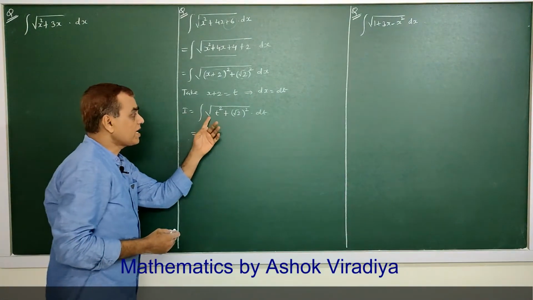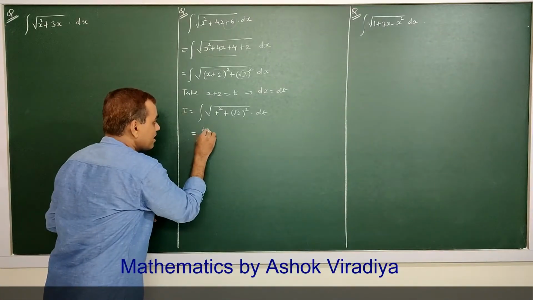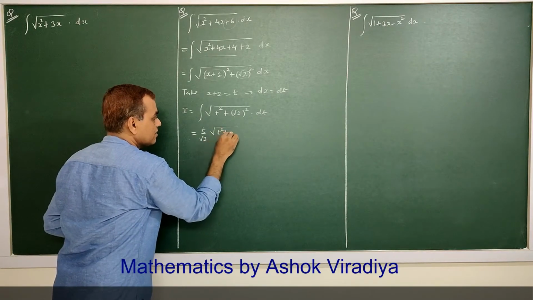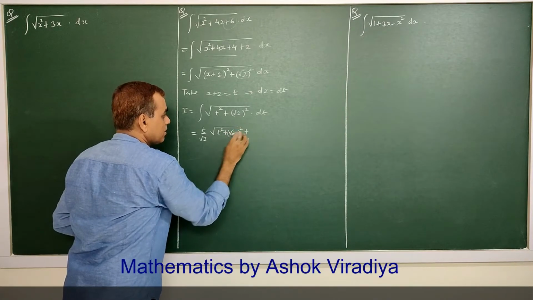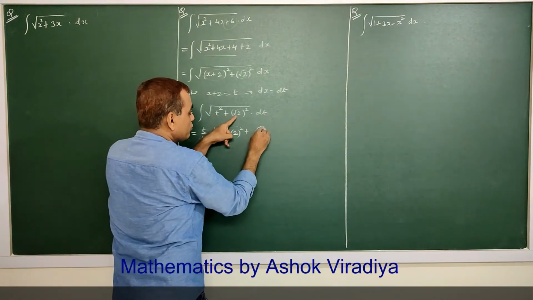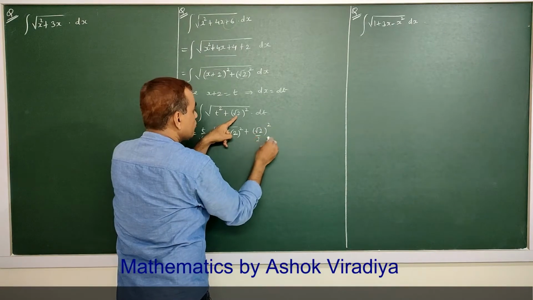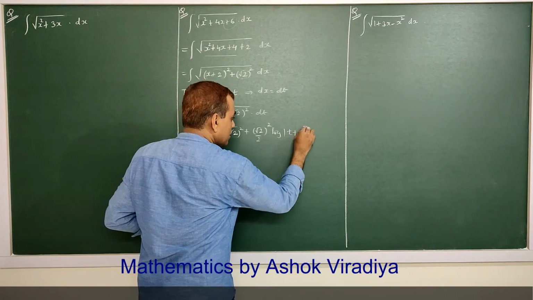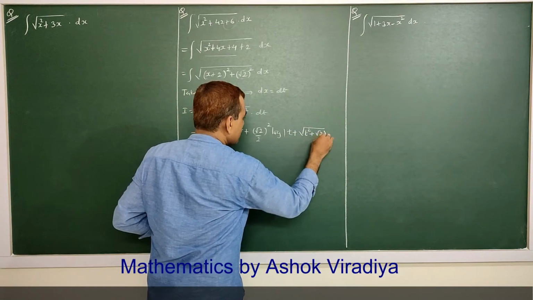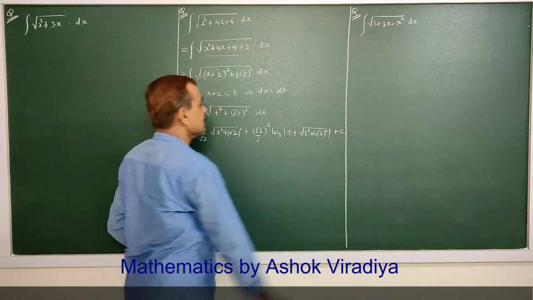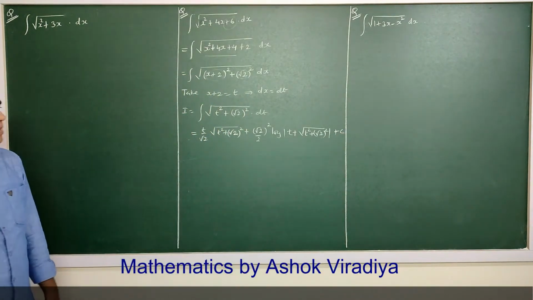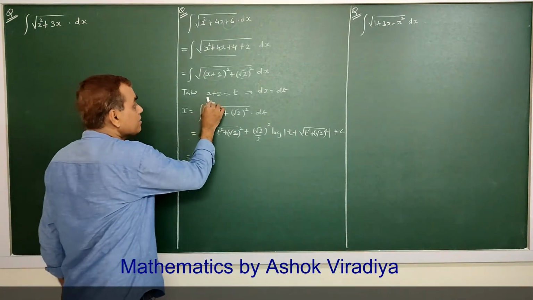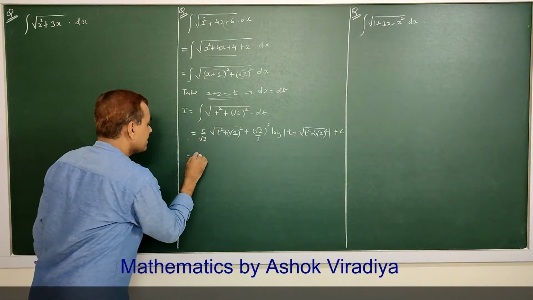Now applying root x square plus a square: x by 2 root x square plus a square plus a square by 2 log mod x plus root x square plus a square plus c. Application of formula. Now putting the value of t as x plus 2. So putting back here x plus 2.